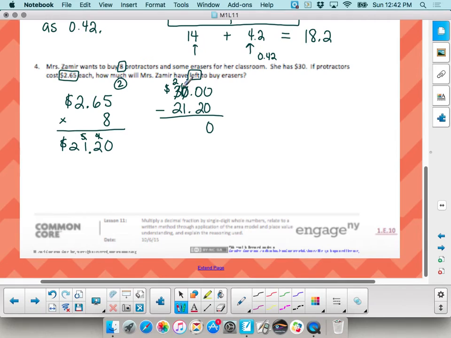So that gives me 10 in the ones place, but I still need some for the tenths place, so that becomes a 9, this becomes a 10. 10 minus 2 is 8. 9 minus 1 is 8. So Mrs. Zamir will have $8.80 left to buy erasers.